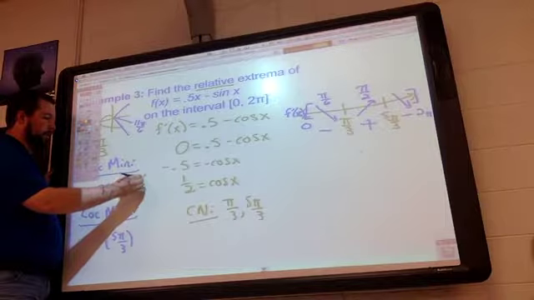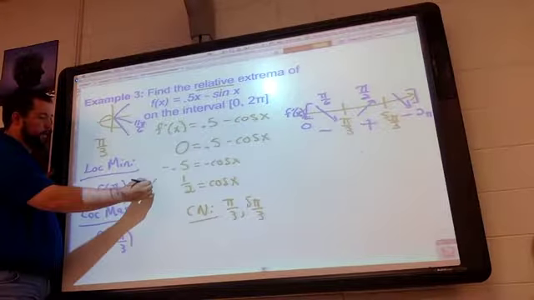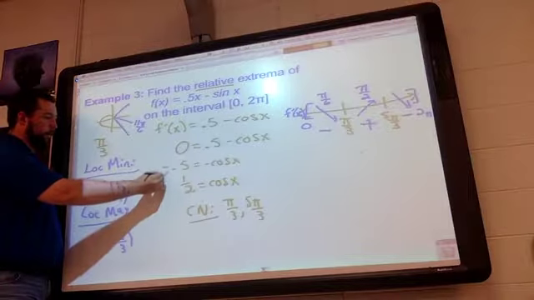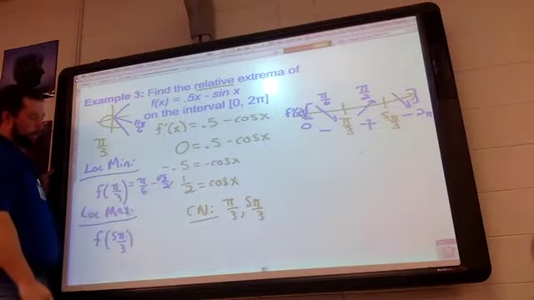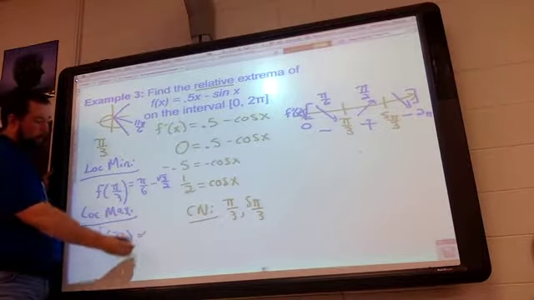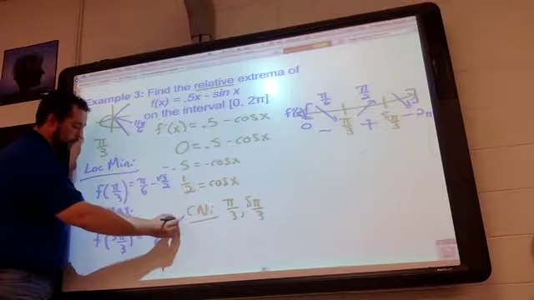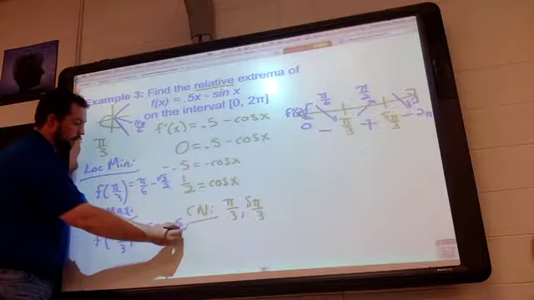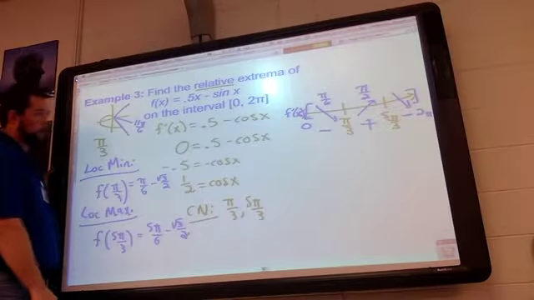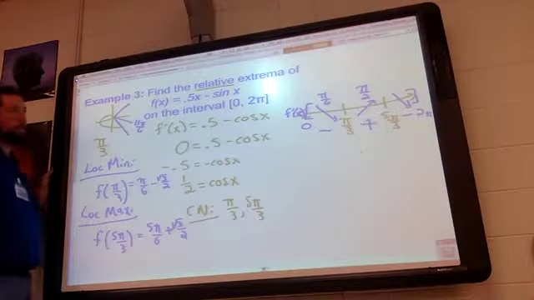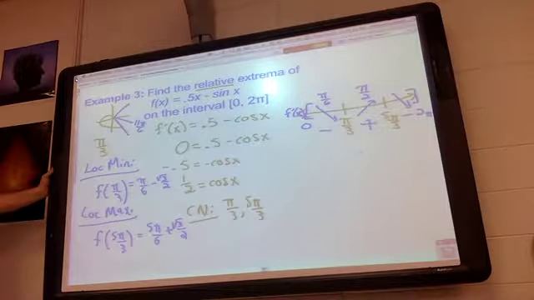This is going to be pi over 6 minus the sine of pi over 3, which is the square root of 3 over 2. And this one will give me 5 pi over 6 minus the square root of 3 over 2, except it actually would be plus, because sine will be negative down there.